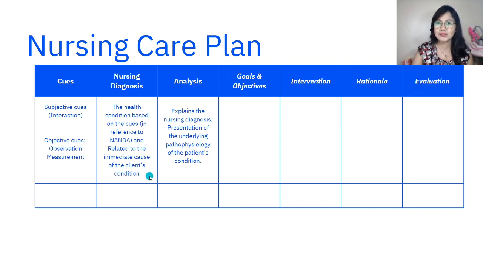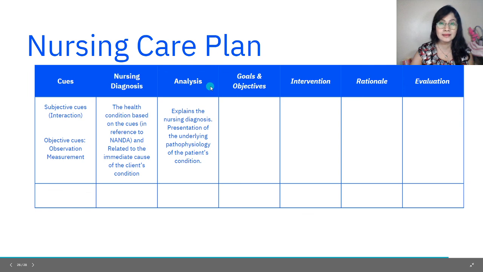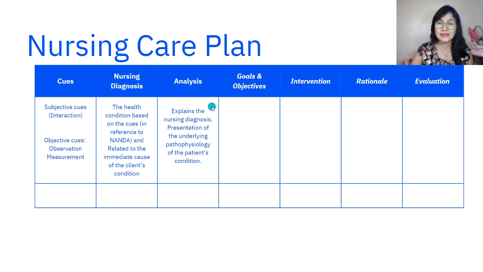And here also, we've mentioned the phases of nursing diagnosis, which include synthesis. In synthesizing, you include that in the third column, which is under analysis. So you have to explain here the nursing diagnosis. You describe it, and you can also present the underlying pathophysiology of the patient's condition if that's the case, and of course you cite your reference.